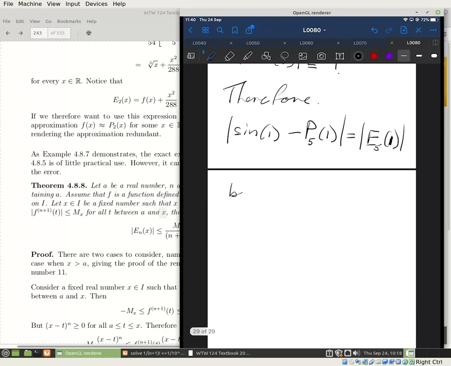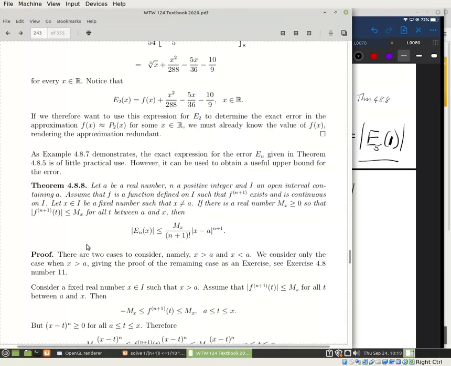And by theorem 4.4.8, e5 of 1 is less than or equal to 1 over 6 factorial times 1 minus 0 to the power 6.